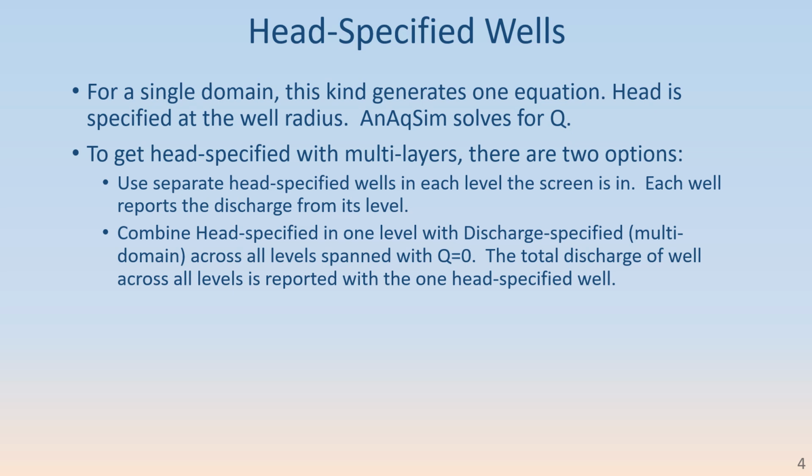Another way would be to use both a head specified well in one level and a discharge specified well multi-domain that spans all the levels involved, but set the discharge of that to 0. Then the total discharge of the well across all the levels spanned will be reported in the output for that one head specified well. So either of those options gets you to the same place.